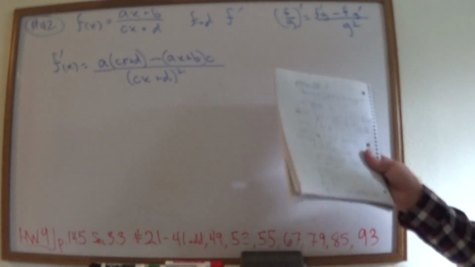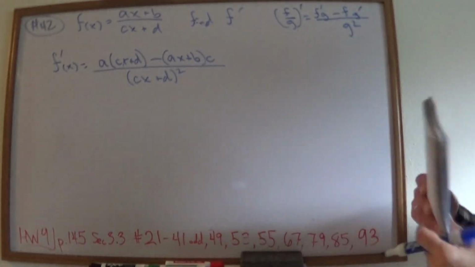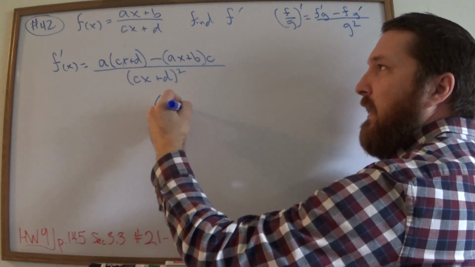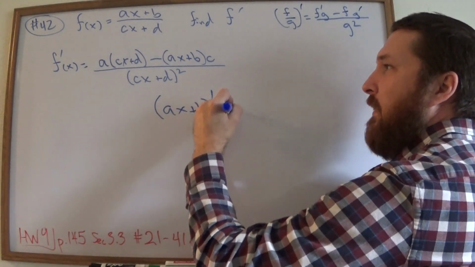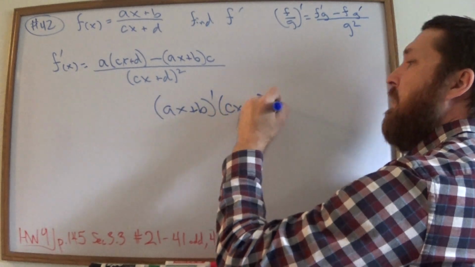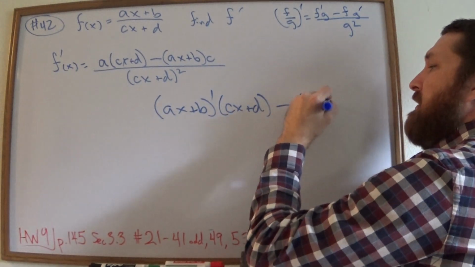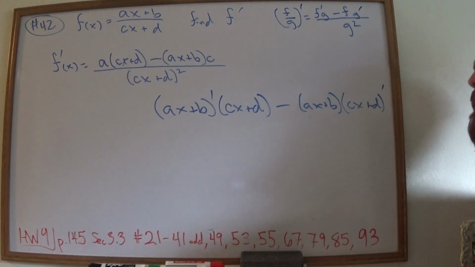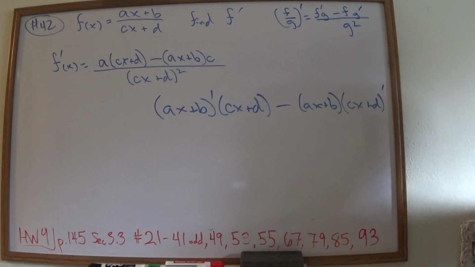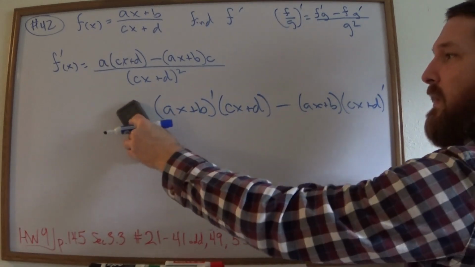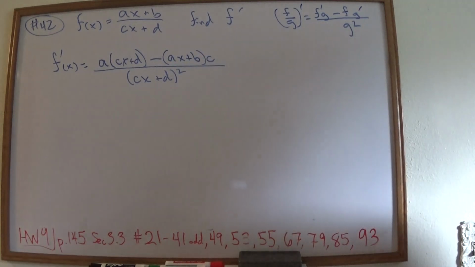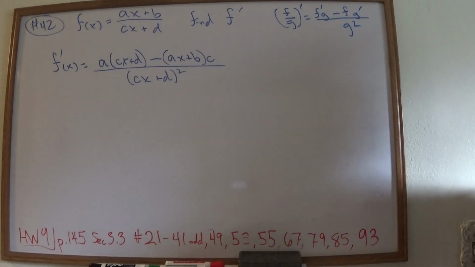If you need to write this out first, like we did before, where you write ax plus b prime, cx plus d, minus ax plus b, leave it alone, cx plus d prime, do that for the time being. But the way I do it, you'll notice if you say it slow enough, you could just write it as you do it, like I just did.